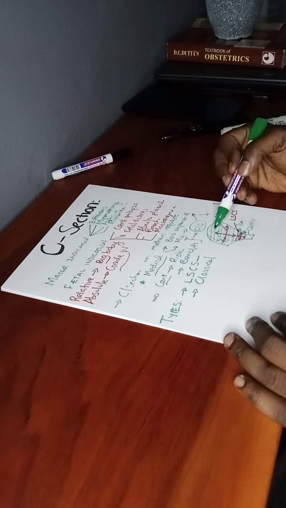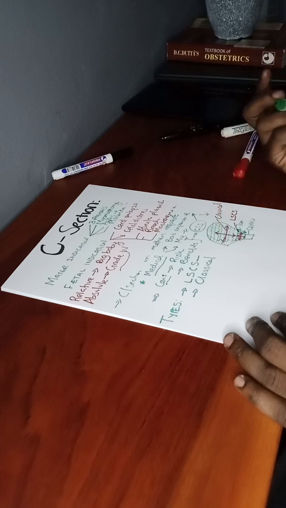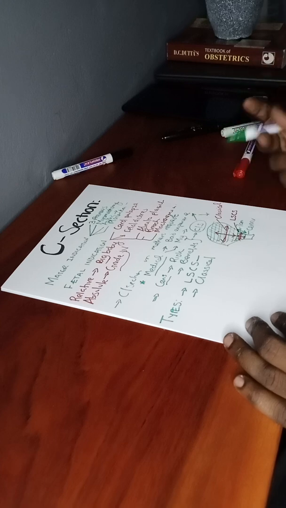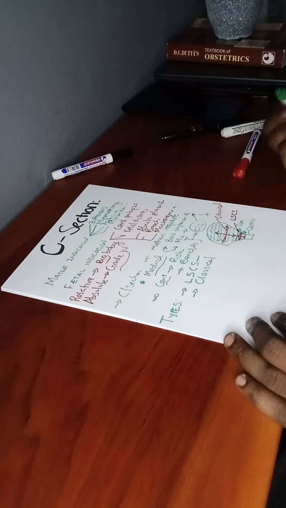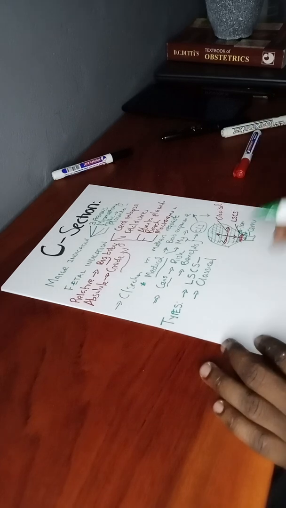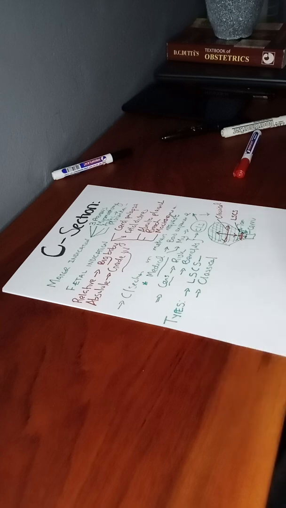In the upper segment cesarean section, we are cutting through the thick muscle of the uterus, and therefore you have to suture through many layers, and there's weakness that remains in that area, and therefore the woman ends up needing a cesarean section in the next pregnancy. So that's one way to classify cesarean sections.